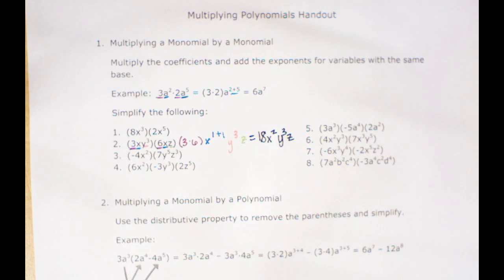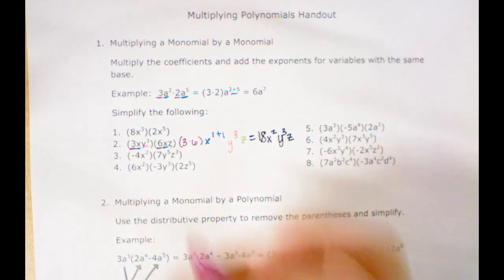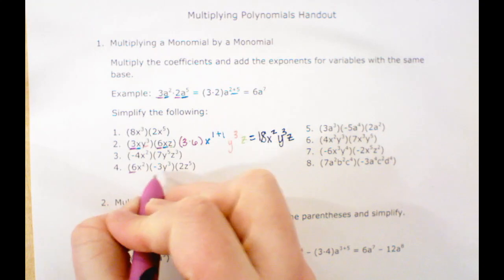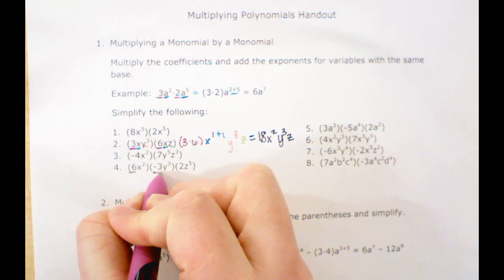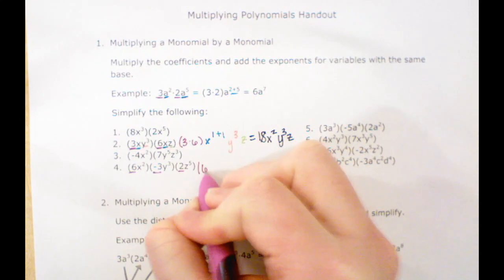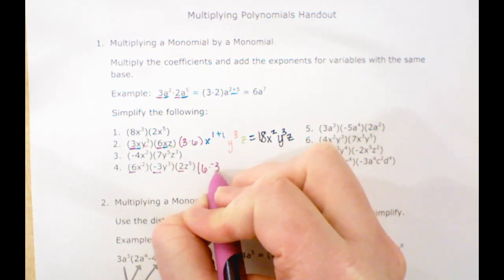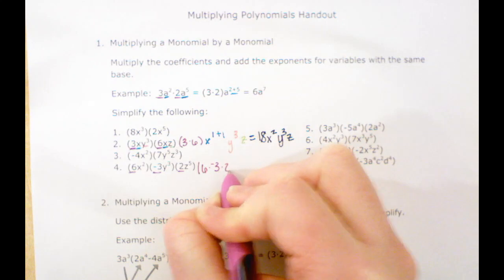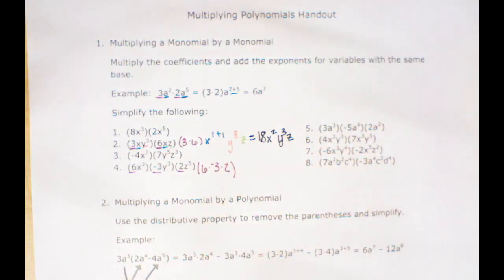All right. Number 4, we have 6 times negative 3 times 2. Then we have an x squared.